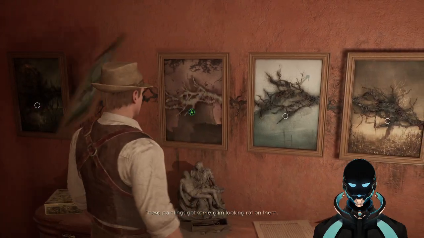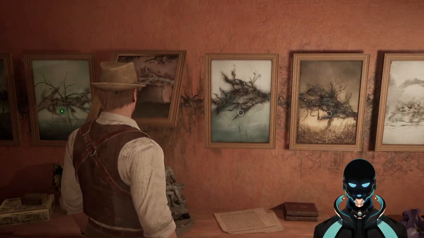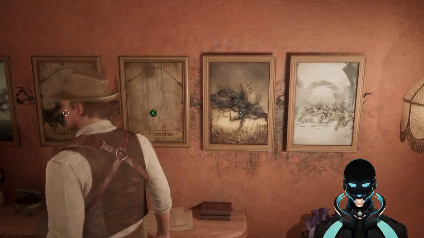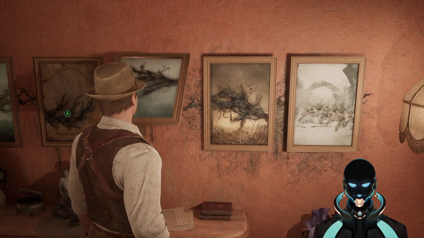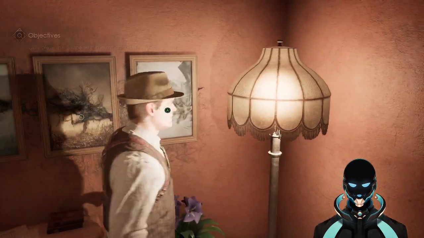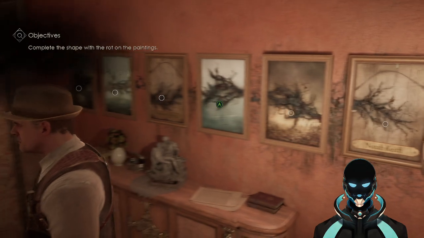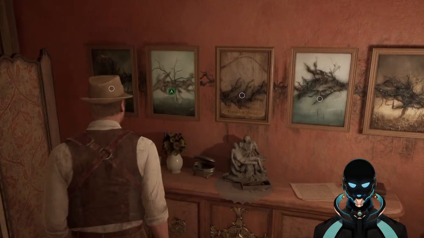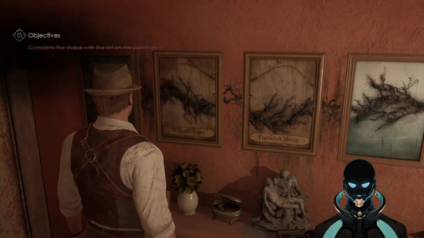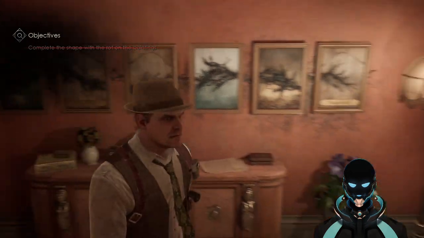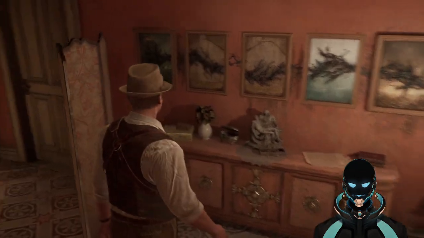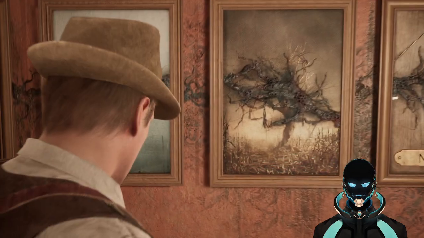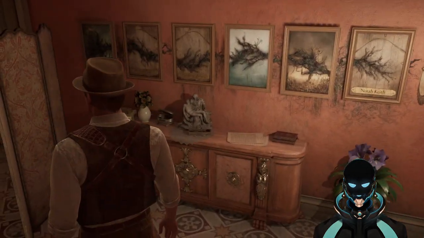These paintings got some grim-looking rot on them. Yes, but what did that do?